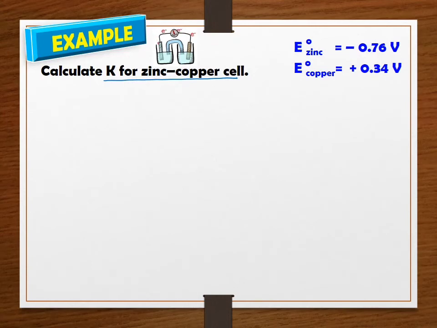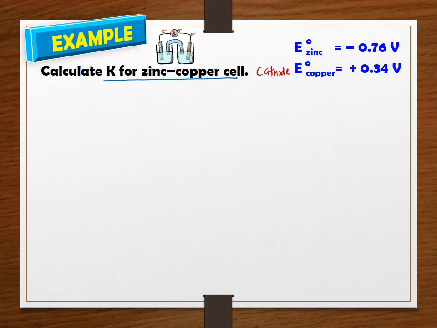Awak kena tentukan dulu mana anode, mana cathode. Saya dah ajar dalam chapter subtopic 3.1. So, as we know, class, if the value of E node more positive, dia akan jadi cathode. So our cathode should be copper. Okay.